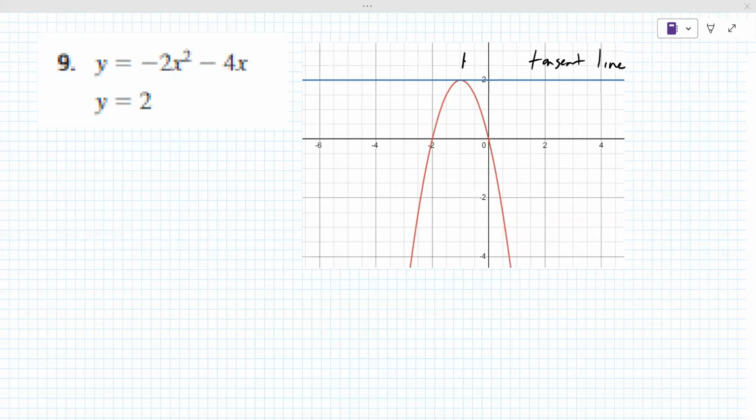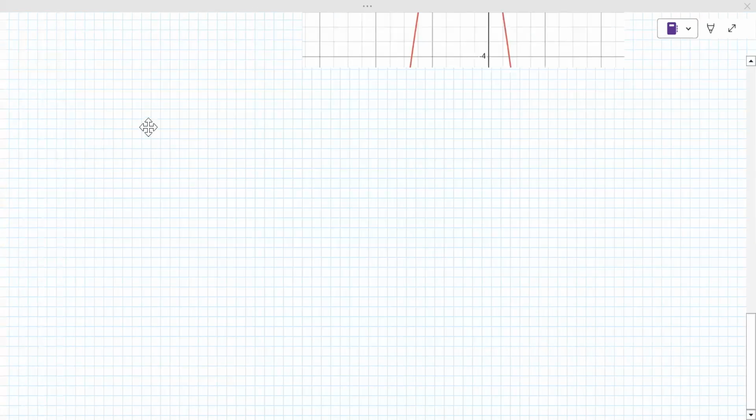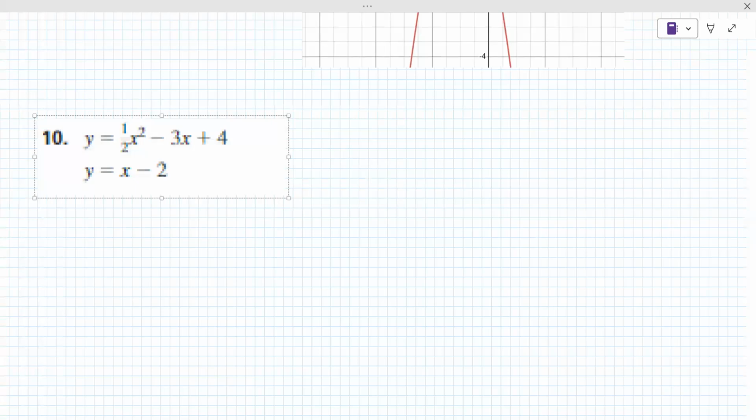All right, so the next one here, number 10. For sure, I want you to graph this one and tell me what you see.